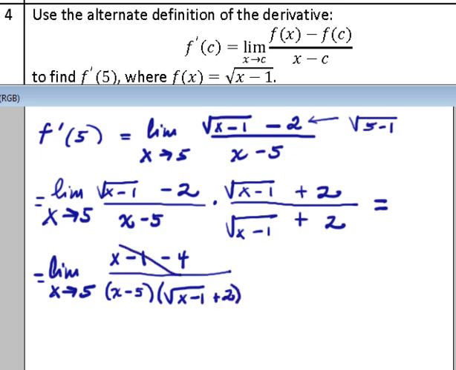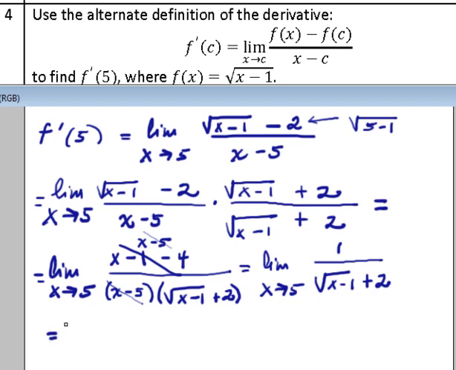Now this is x minus 5. So there's the x minus 5 we were looking for that we want to cancel with this x minus 5. So we can do that. These two cancel. So this is the limit as x goes to 5 of 1 over the square root of x minus 1 plus 2.